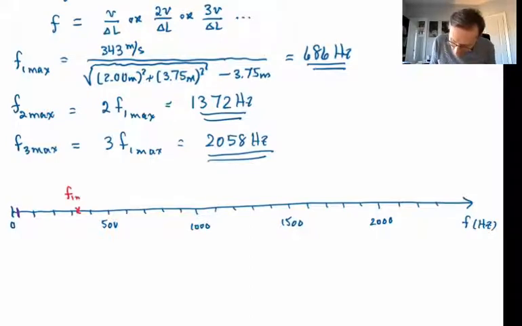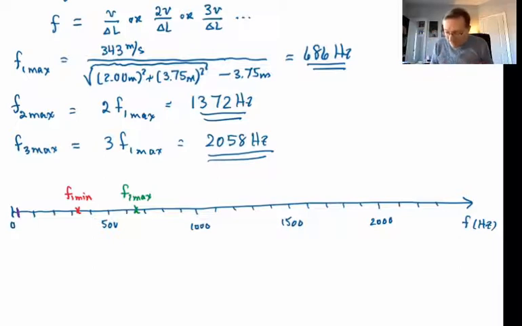F1 min. That's the first frequency at which our person will say, whoop, it got really quiet. The next important frequency is F1 max at 686 hertz. Let's mark that with green. Roughly there. F1 max. At that frequency, the person at point P will say, oh, it's loud.